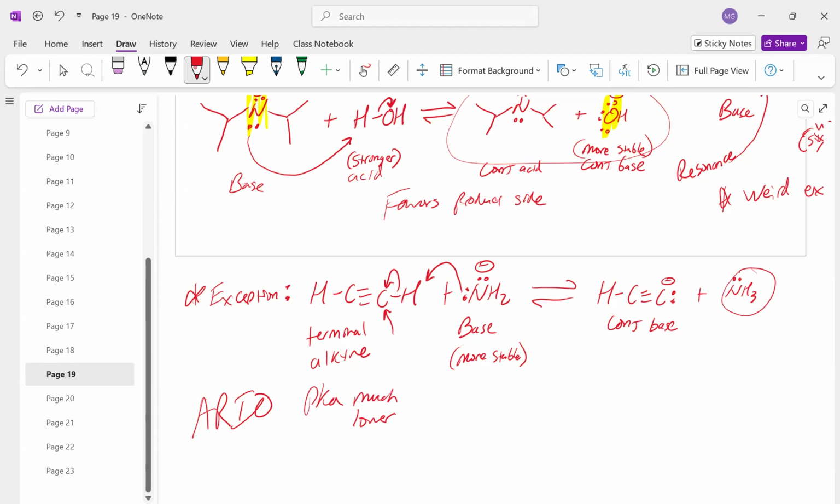So this is a product-favored equilibrium, even though ARIO says I should look at atoms and then stop. In this case, I'm skipping all the way to the end and looking at the orbital. Having the negative charge on an sp hybridized atom is much better than having it on an sp3 hybridized atom. As I said, this is a unique exception, but we're going to see it quite a bit in a couple of chapters.